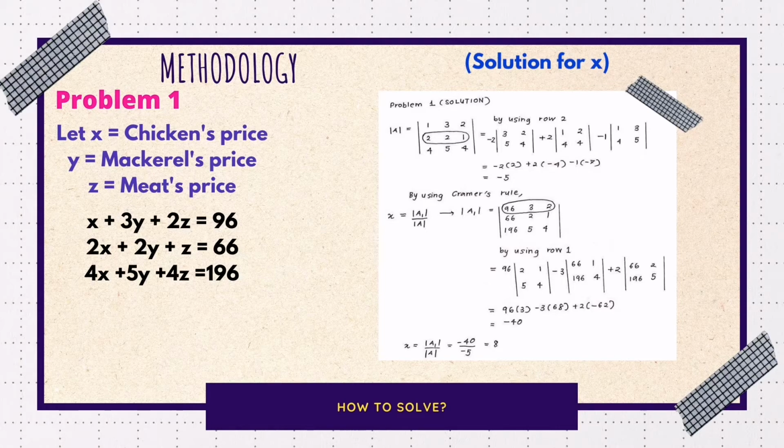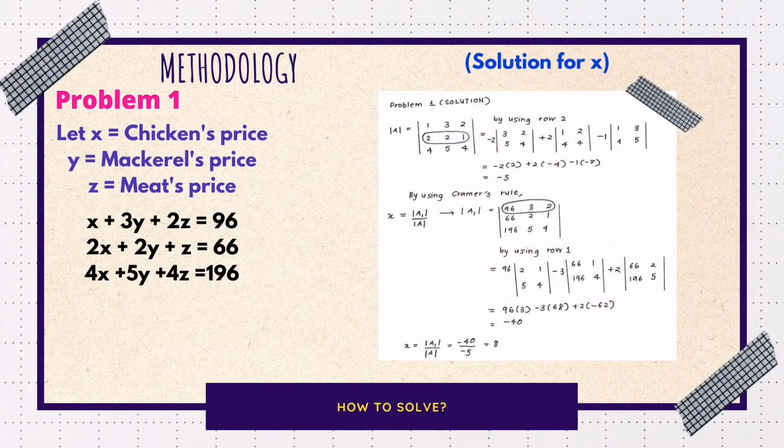Since it is a square matrix, we will use the determinant rule by using cofactor expansion. First, we need to find the determinant of A, and by using row 2, we solve this matrix and then we get negative 5. Since it is not equal to 0, we can use Cramer's rule.